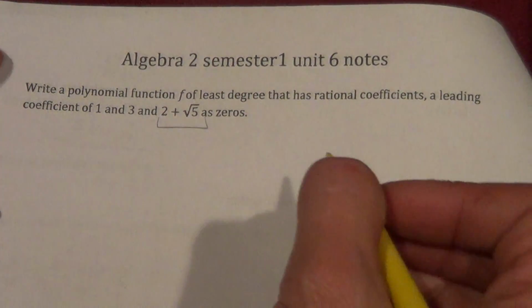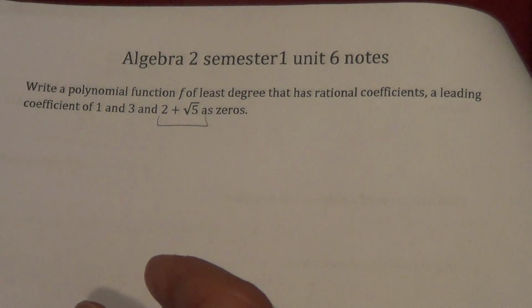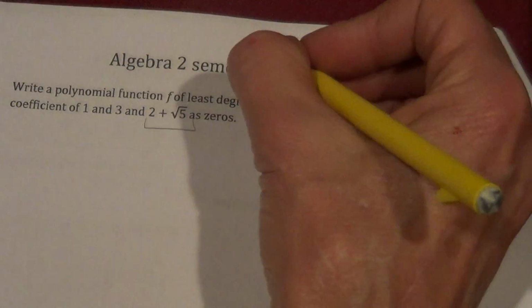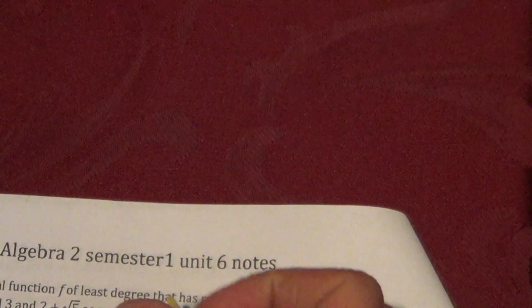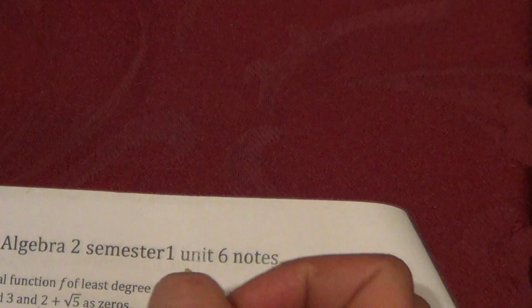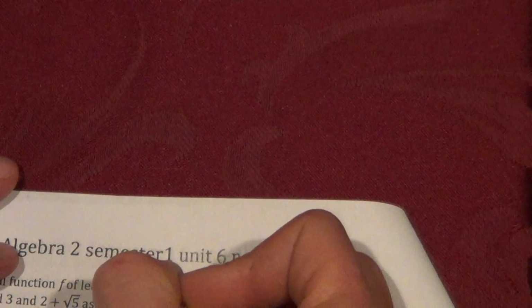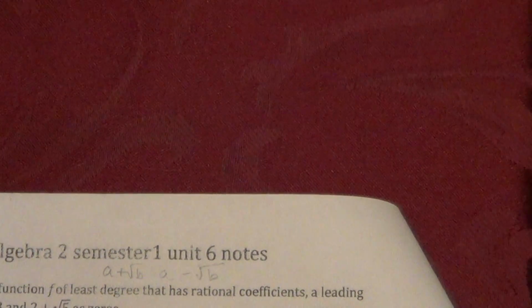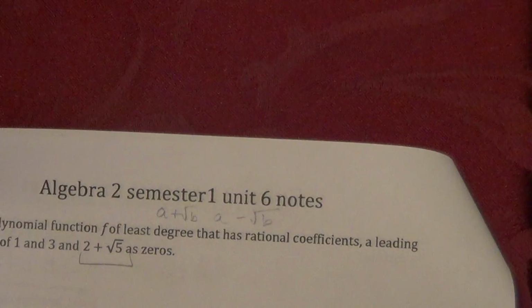First off, the theorem that we just went through, the Conjugates theorem or the Irrational Theorem, says that if we have an a plus radical b, then we also have an a minus radical b. So we need to realize that as we're looking at these.